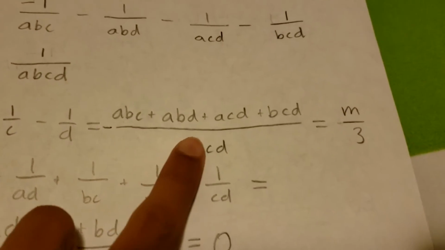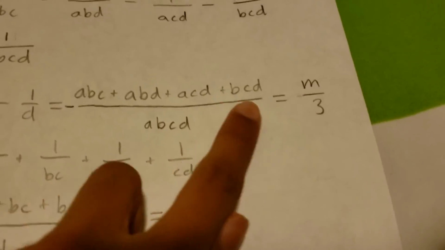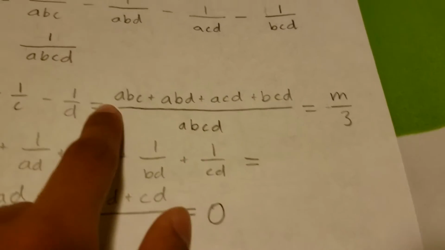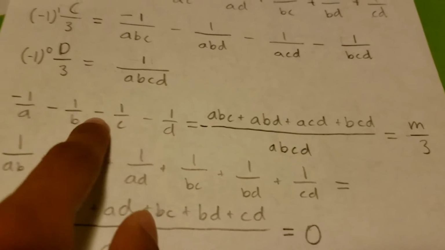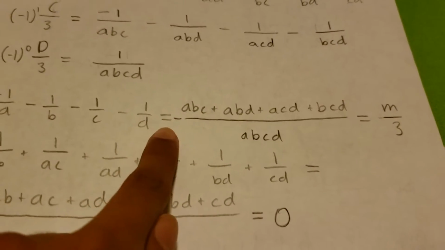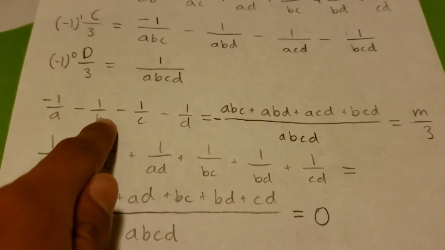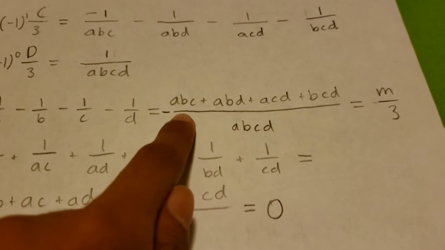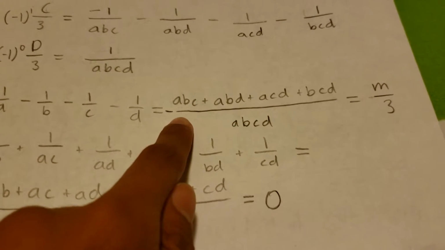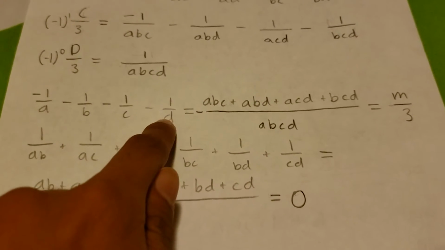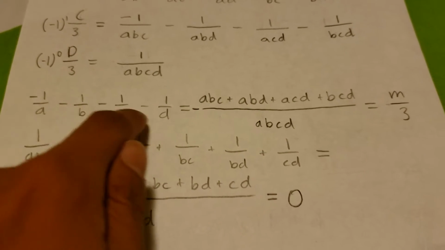So we have abc plus abd plus acd plus bcd over abcd. And this is negative because we can factor a negative on the left-hand side and we must keep it negative. So is this equal to this? Well, yes, because if you were to split up this fraction, 3 of the terms in the numerator would cancel every single time and we'd just be left with the negative reciprocals of a, b, c, and d.